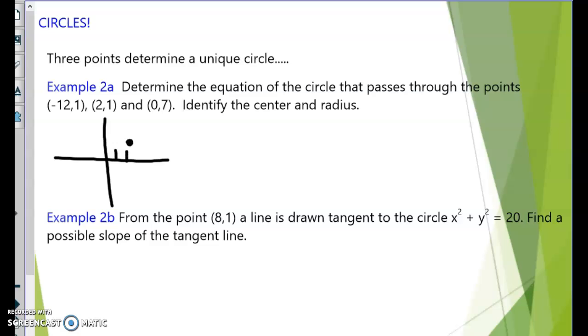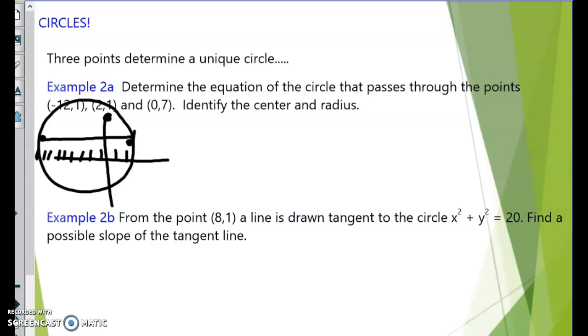So here's 2, 1, 2, 3, 4, 5, 6, 7, 8, 9. There's my (negative 12, 1), and (0, 7), something like that. Because these are on the same line, I have a pretty good idea what the diameter of this thing is.